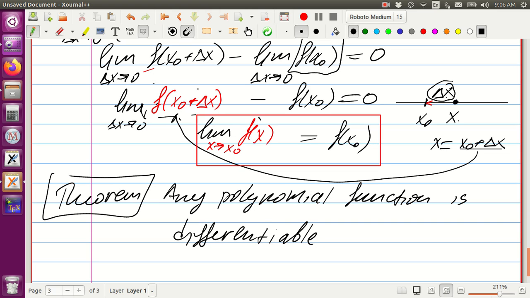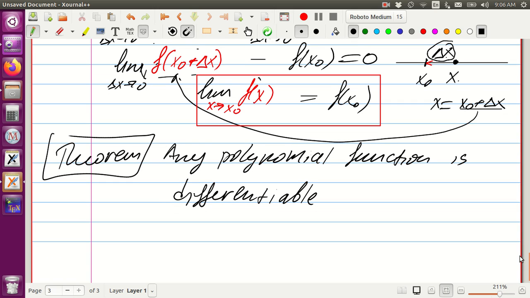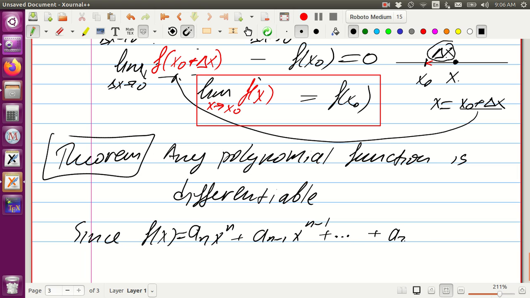Any polynomial function is differentiable. Why would it be true? Because f of x equal to a sub n x to the n plus a sub n minus 1 x to the n minus 1 plus ... And the last couple of terms are as follows.